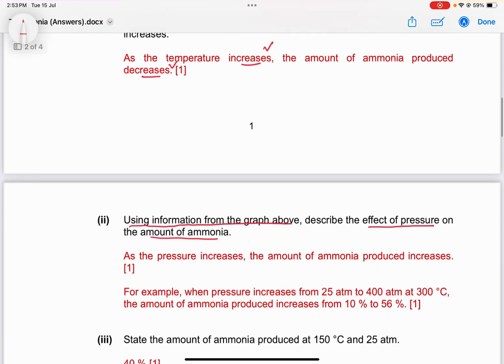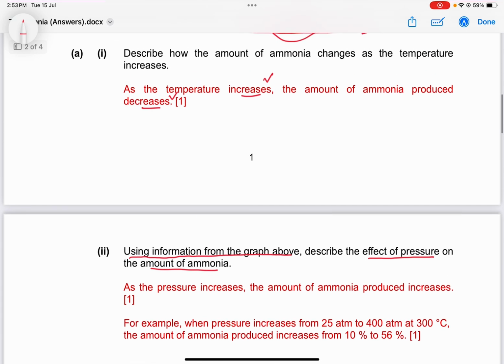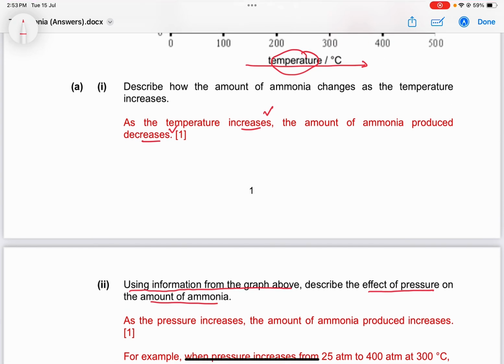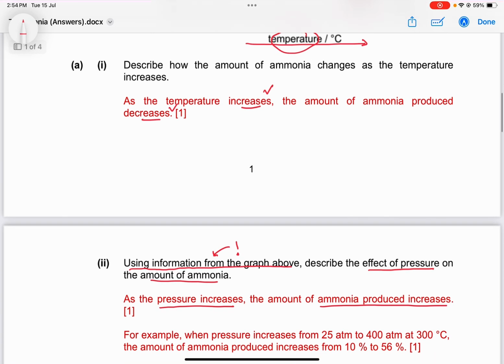So if you look at this here, the general idea is how the thing works. So I can say that as the pressure increases, the amount of ammonia produced increases. That's the effect. But next part, I need to use the information. So what you can see here is they locked at 300 degrees Celsius.